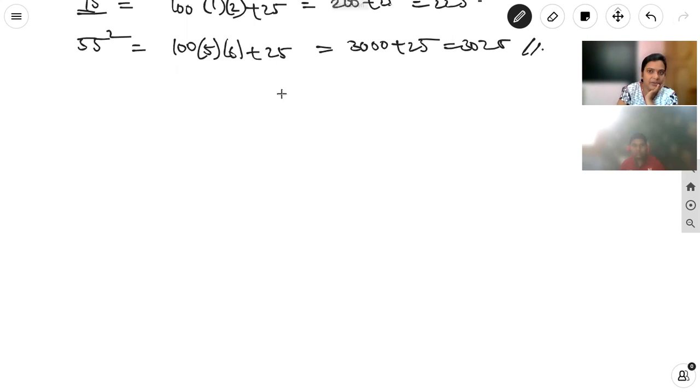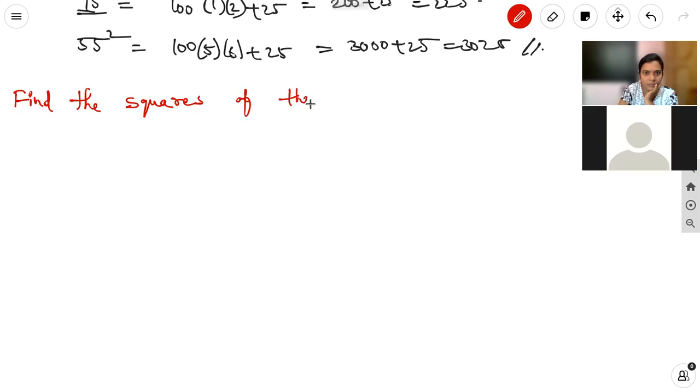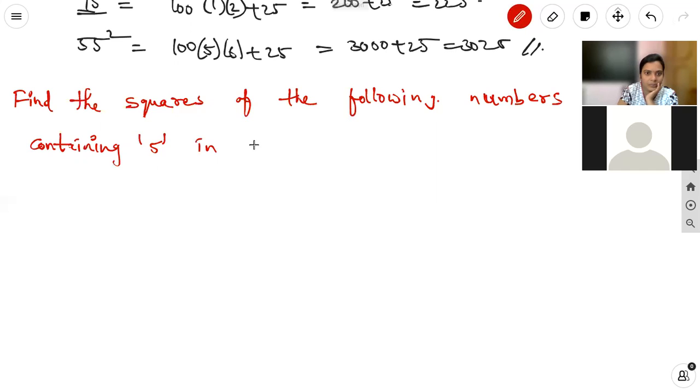Suppose, try this: find the squares of the following numbers containing 5 in the units place.